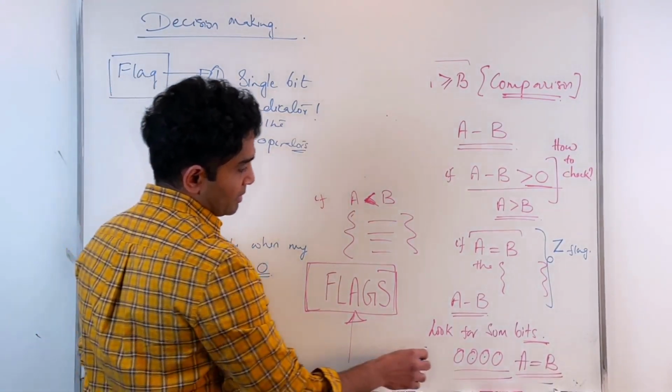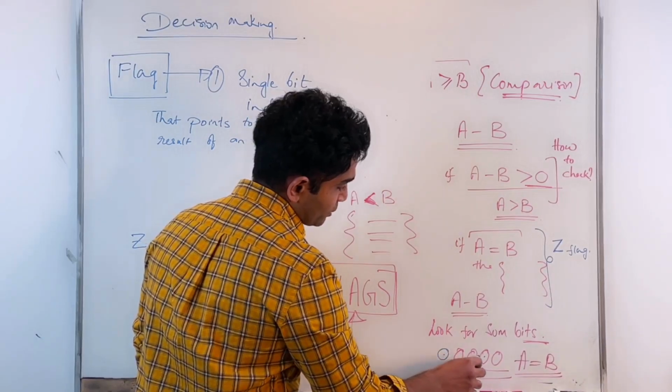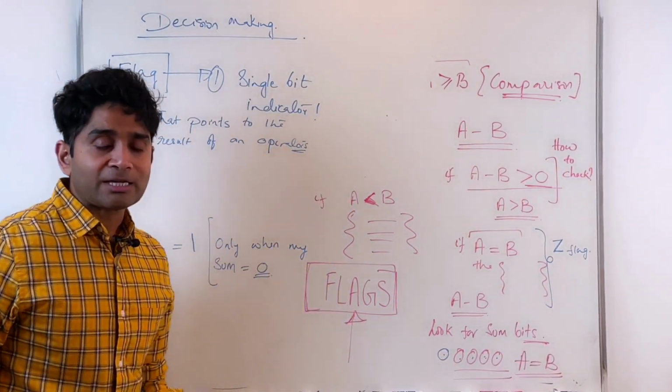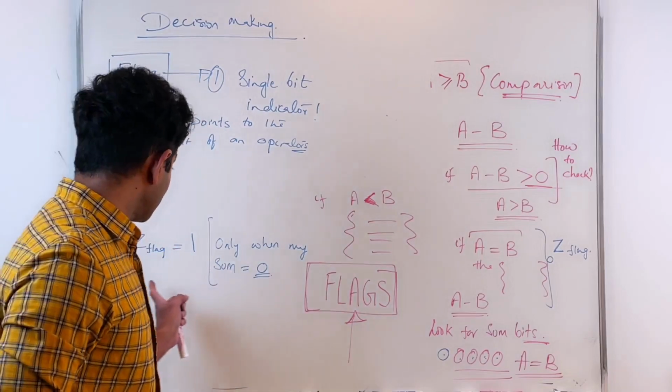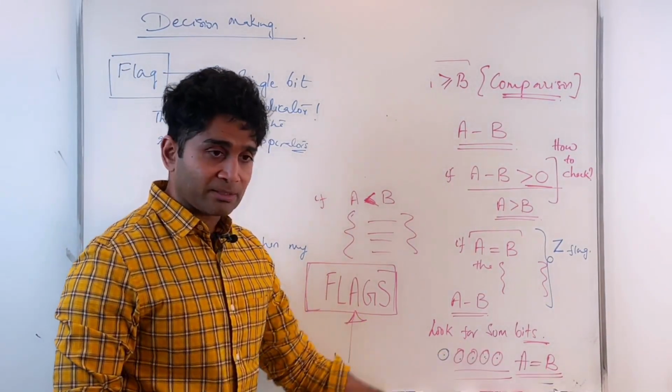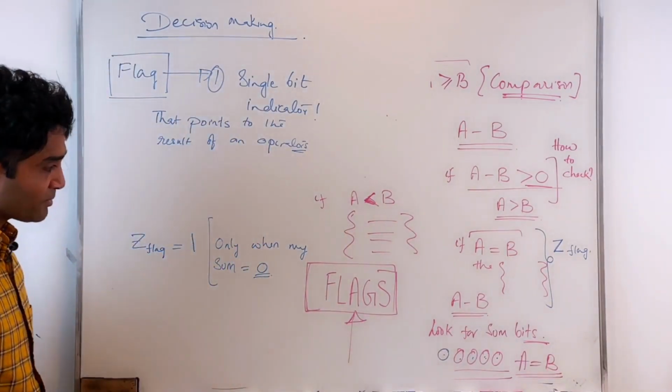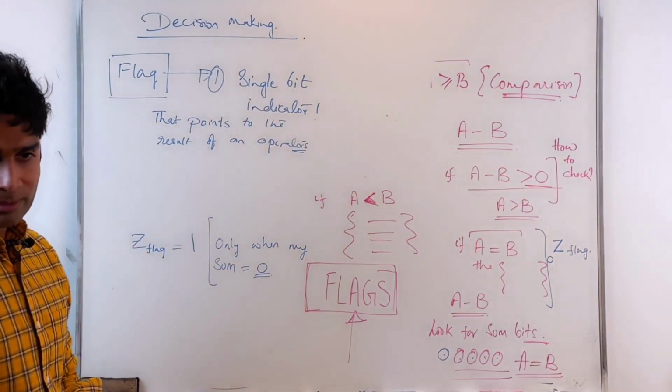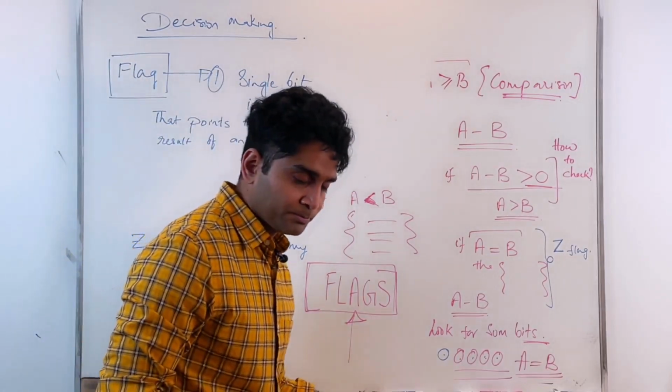That means if I get an answer of 0, 0, 0, 0, 0, that should set the zero flag. For any other value, where not all the bits are 0, the zero flag should be false, or 0.